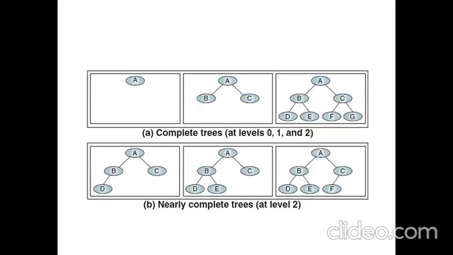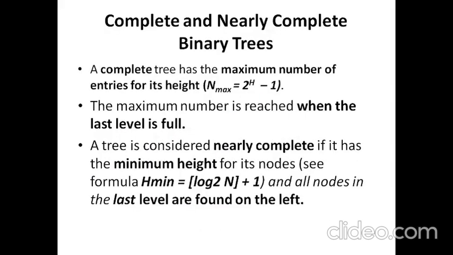So the definition we have got here is actually meant for a perfect binary tree, and the nearly complete binary tree is what is generally referred to as complete binary tree in other places. But for the purpose of our discussion in the syllabus, we will just stick to this definition: a perfect binary tree we will refer to as a complete binary tree, and a normal complete tree we will refer to as a nearly complete binary tree.